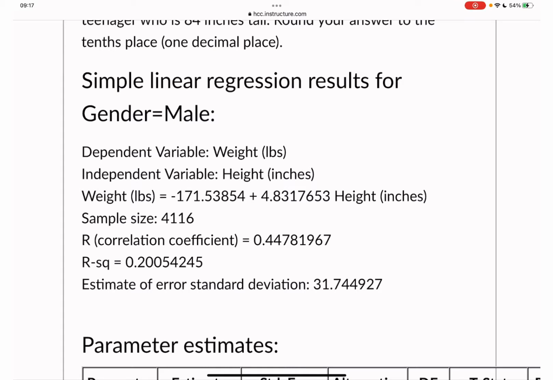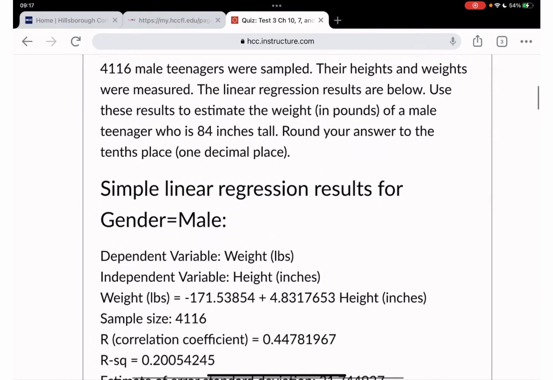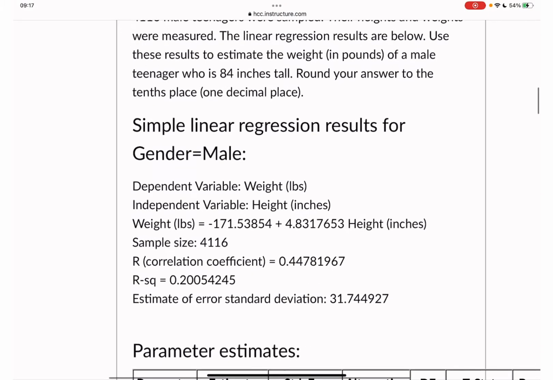The equation says weight is negative 171.53854 plus 4.17653 times height. And this height is given here, 84 inches. So to figure out how many pounds for 84 inches tall, we are going to take this 84 and multiply by 4.17653.